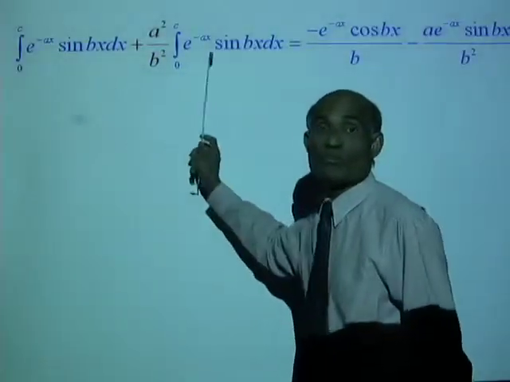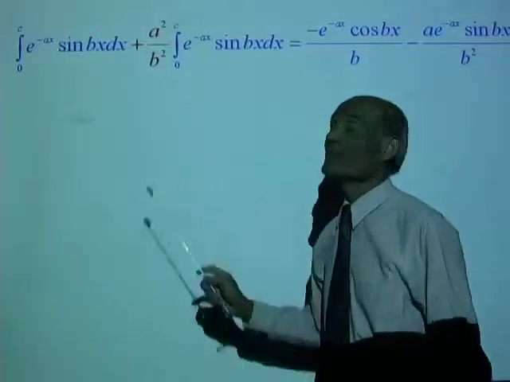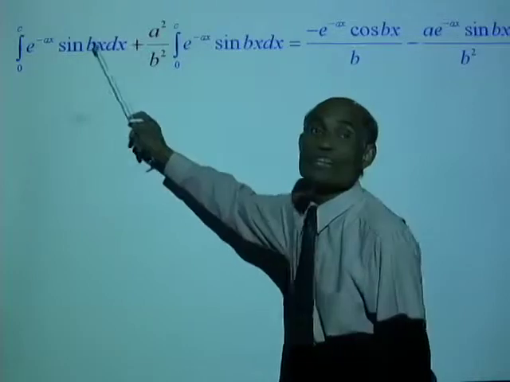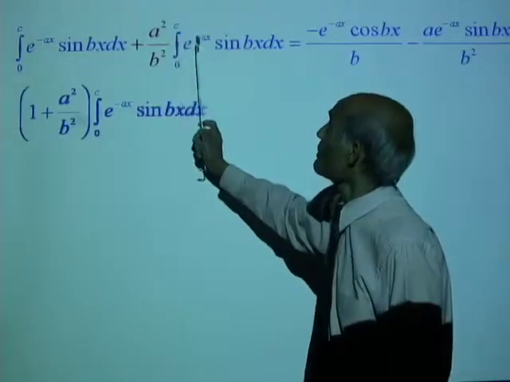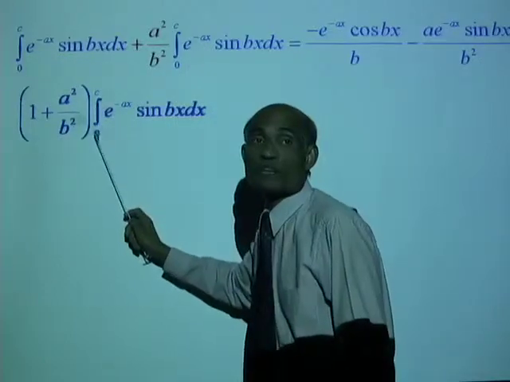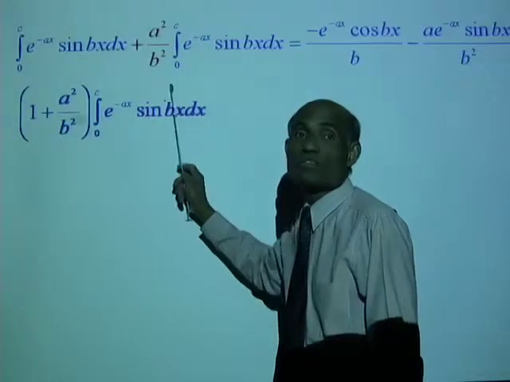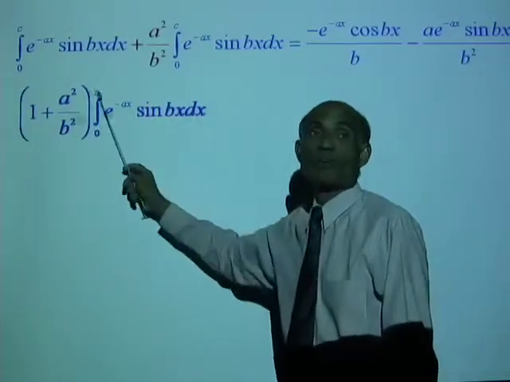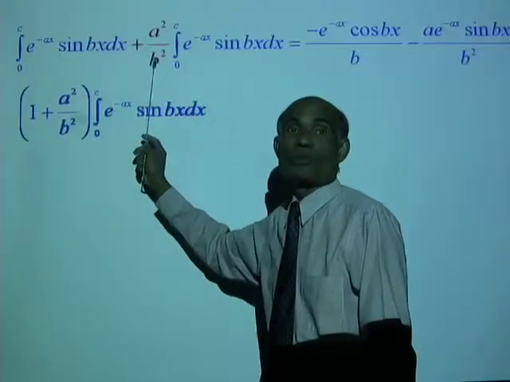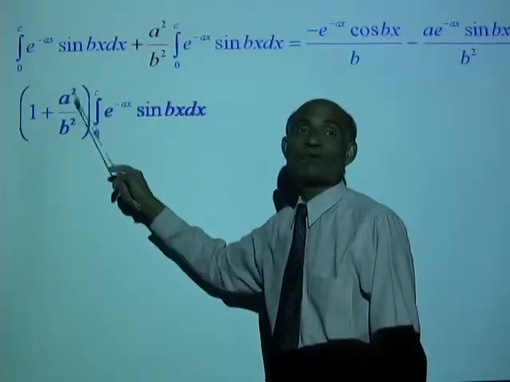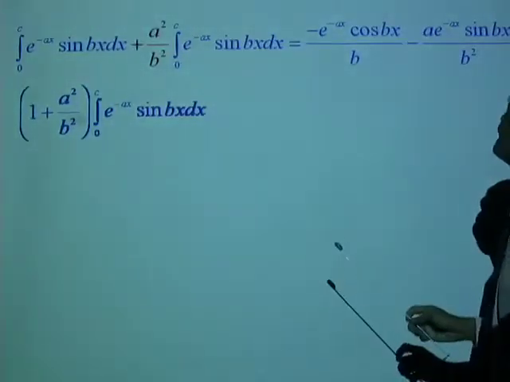So this is what we had, and we are going to now combine, in other words, factor out the integration part. There you go. So that will be integral 0 to c e to the power of negative ax sine bx dx is factored out. What is left in here will be a 1, plus what is left in here will be a squared over b squared. And that's equal to the right hand side.